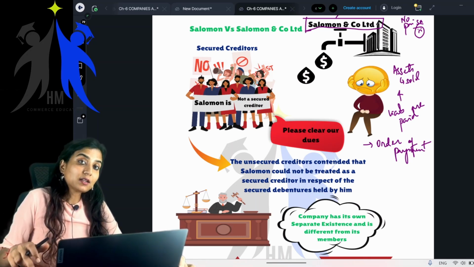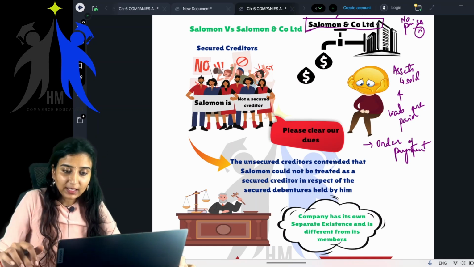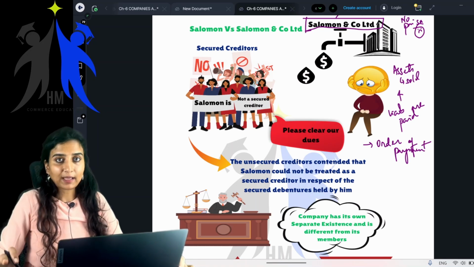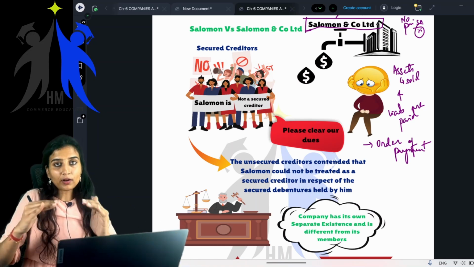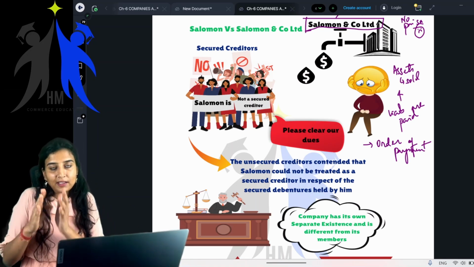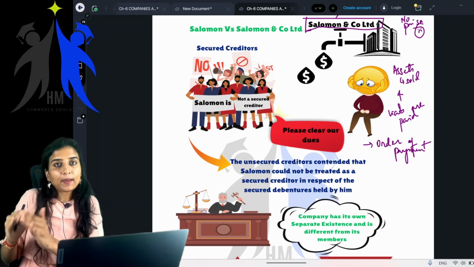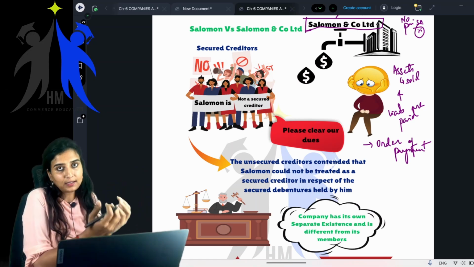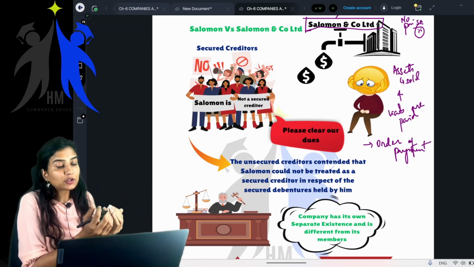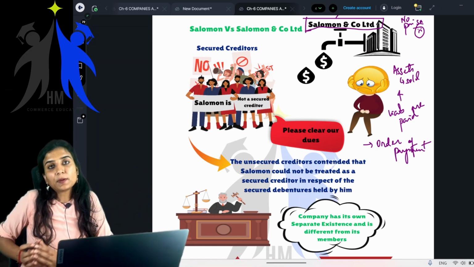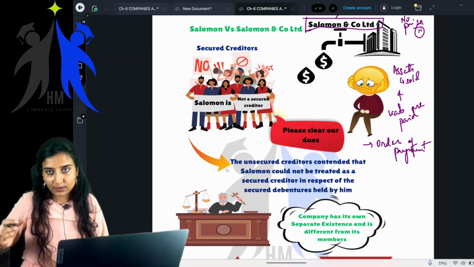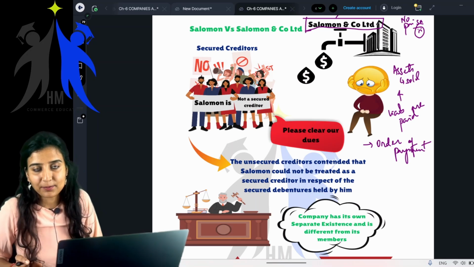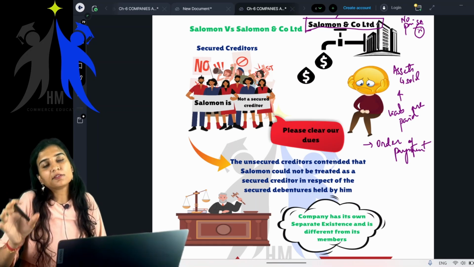There we discussed the Insolvency and Bankruptcy Code, and here also there is something called the waterfall mechanism. That is nothing but the order of payment of dues. Whenever a company liquidates, when the assets are sold, the amount you get from selling the assets should be used according to that particular mechanism. There is an order of payment, and you have to follow it.